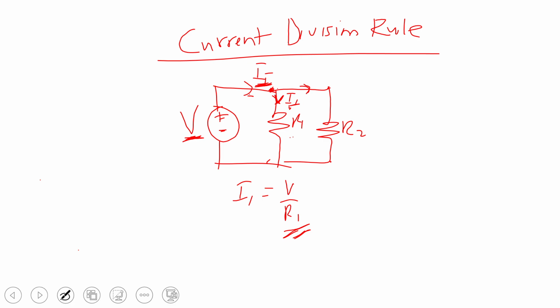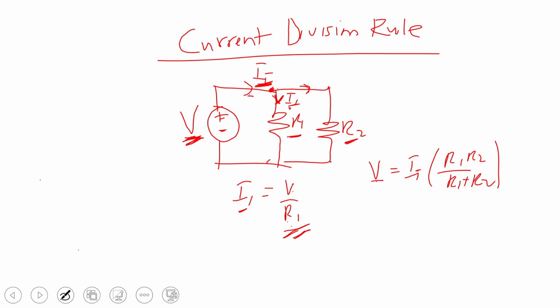First, let's look at I1. We have seen that I1 is V over R1. Now this V, in terms of the total current, how do we know this? Realize that R1 and R2 are in parallel, and that resistance times this total current is what is going to give us this V. So V is actually equal to IT, that's the total current, times R1 and R2 in parallel, right? Realize that when things are in parallel, this is what we do. Go and watch that video.